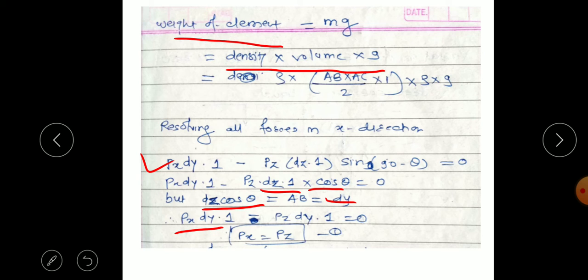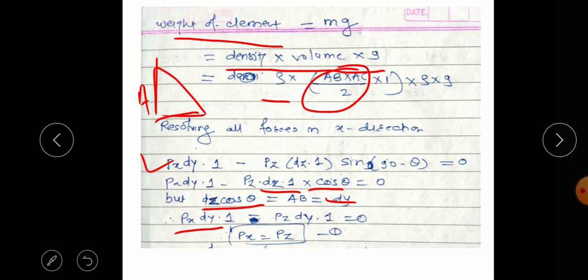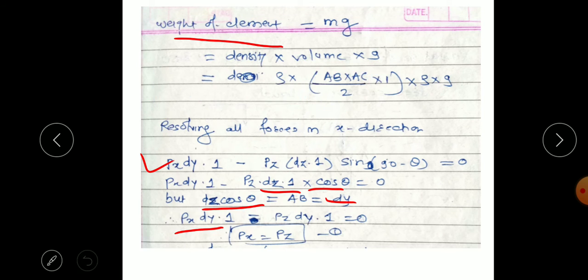So density is rho, and volume is area into width. The area of this wedge shape element, height is AB and length of base is AC. So area is AB into AC by 2, and the width is 1. So volume is area into width. So we get rho into area into g.